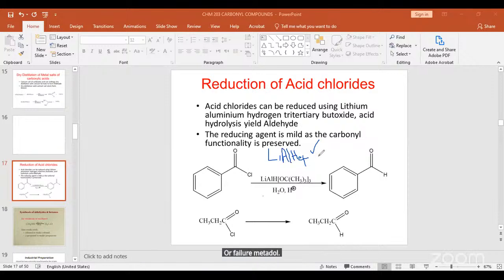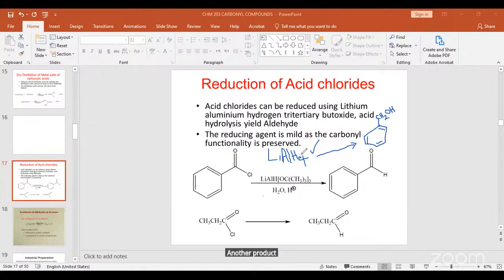The product with this is going to be benzyl alcohol or phenyl methanol, and that's your product.